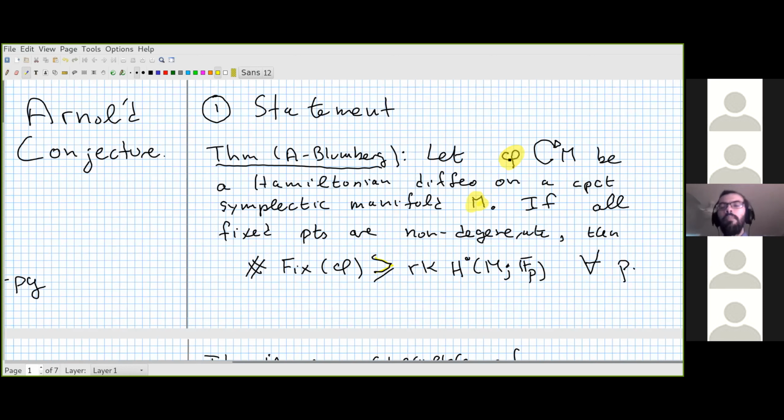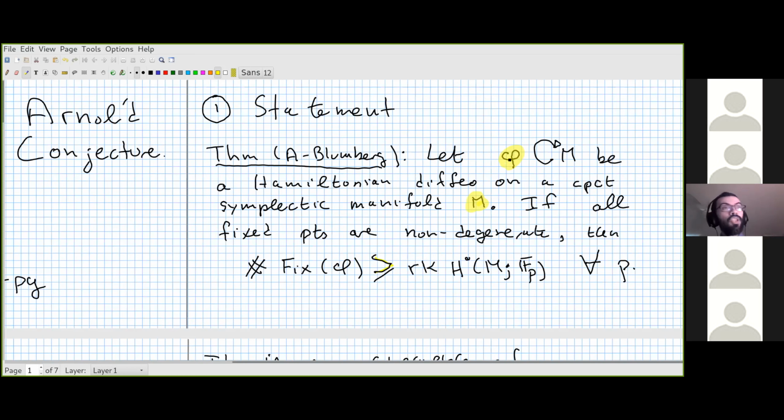A Hamiltonian diffeomorphism is a symplectomorphism, a diffeomorphism that preserves the symplectic form, with an additional condition, essentially saying that it's isotopic to the identity, except that in the case where H1 is non-zero, you have to impose some additional constraint. But let's just imagine a symplectomorphism isotopic to the identity.